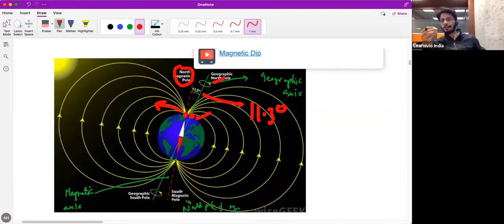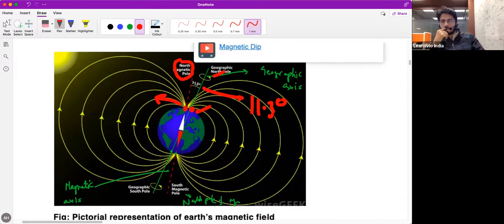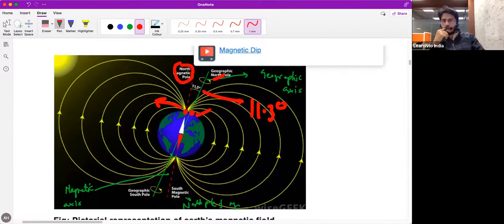Next, we will study some elements of Earth magnetic field. Just like latitude and longitude, we'll study some elements of Earth magnetic field. Is it clear? Yes. Do one thing, draw this diagram.